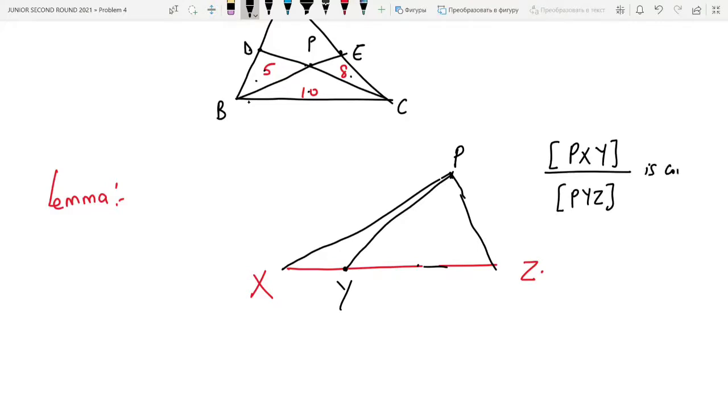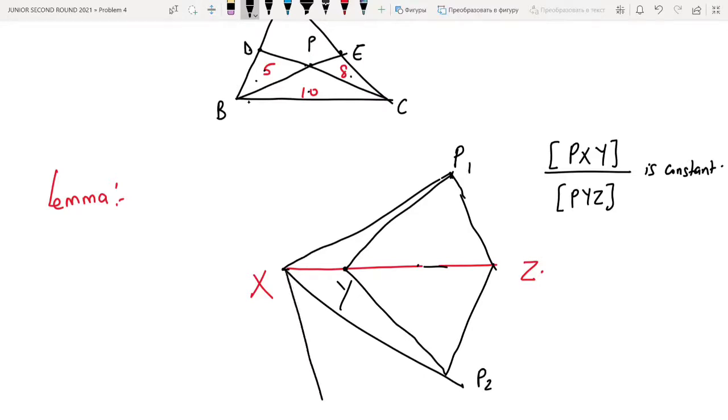Regardless of which vertex you pick, let's call them P1, P2, P3, these points are not cyclic, they are just random, the ratio of the area of PXY to PYZ is the same. So that is a really powerful lemma, used in proving a lot of facts in geometry and in solving standard Olympiad problems.